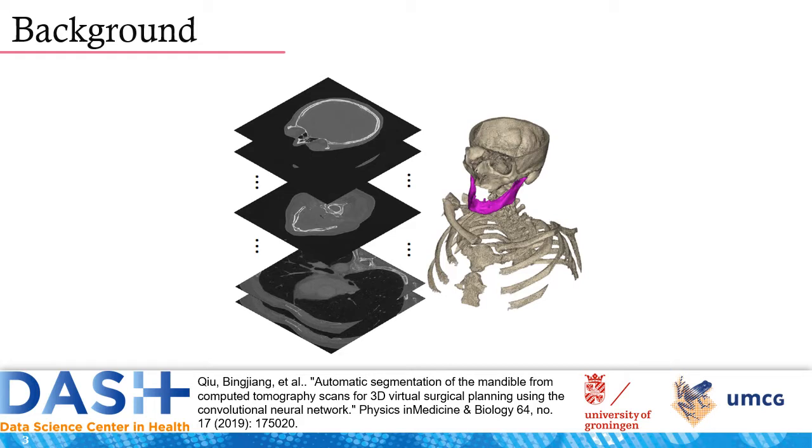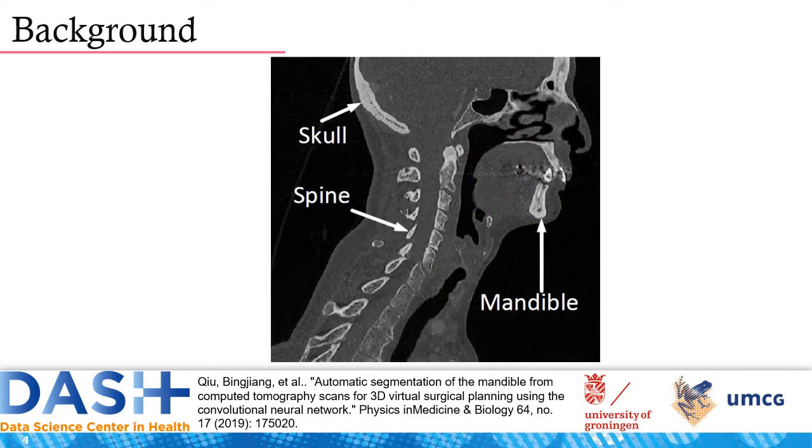The first main step of 3D virtual surgical planning is to extract the mandible model from CT scans. But there are some challenges when segmenting the mandible. First of all, the head and neck CT scan includes many bone structures like the skull and spine.